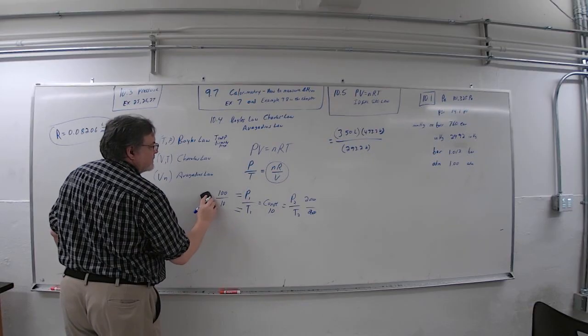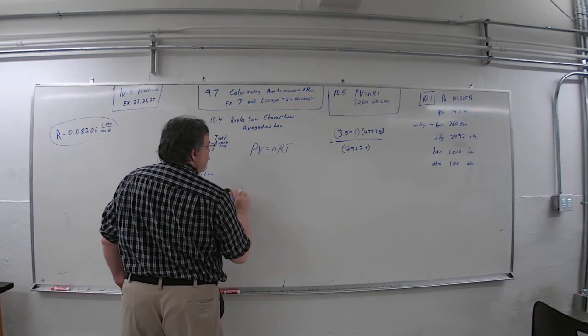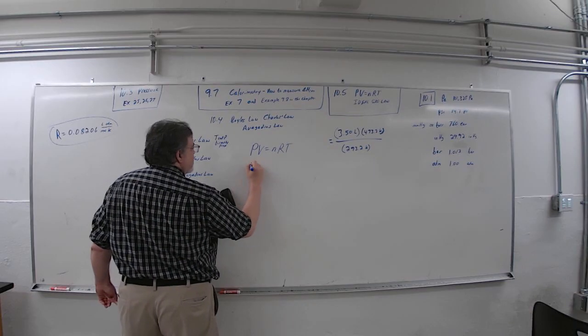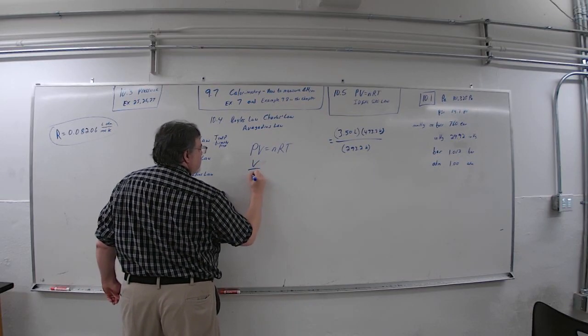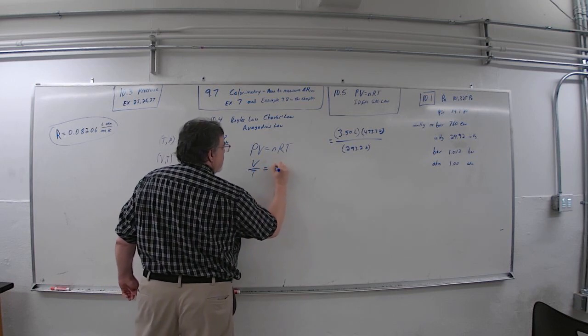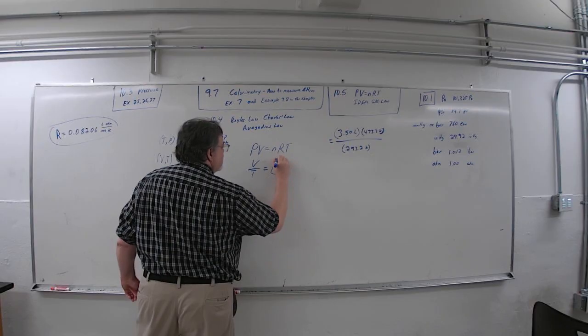Volume and temperature, Charles' law. If it's volume and temperature, I would have volume over T and R over P. This is my constant.